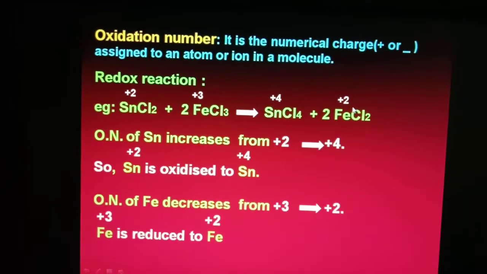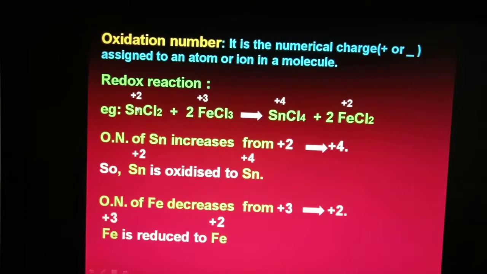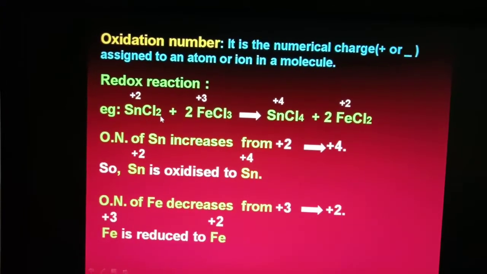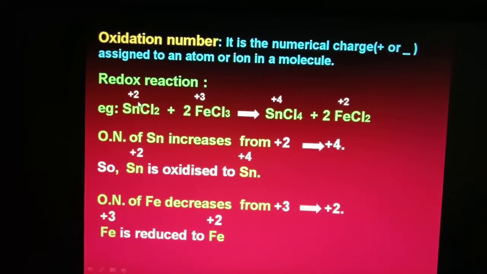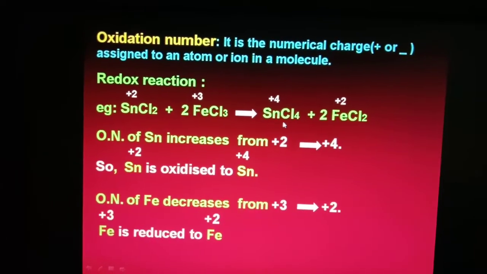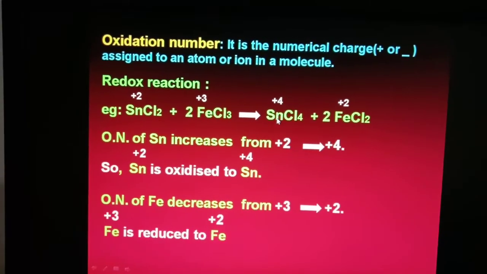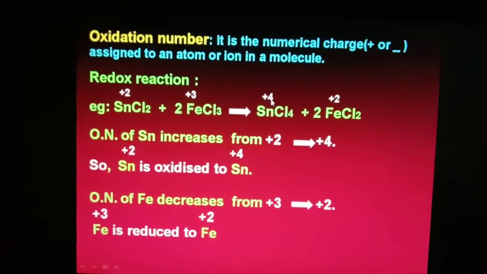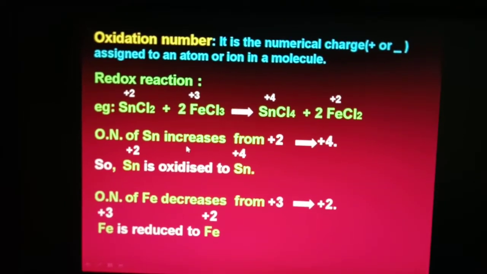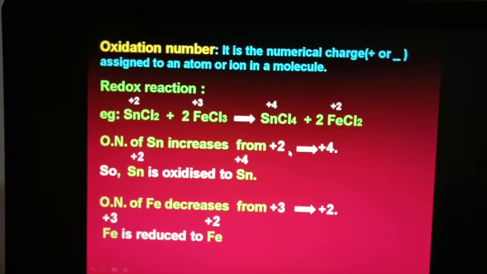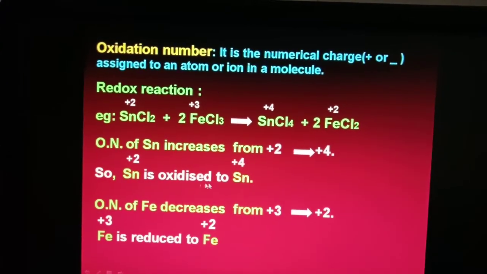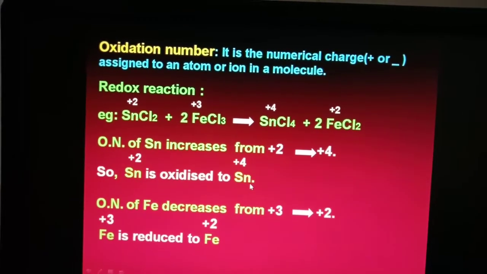In this example, we find oxidation number of tin in SnCl2 is plus 2, which increases upon formation of SnCl4 as Sn plus 4. That means oxidation number of tin has increased from plus 2 to plus 4. So, Sn2+ is oxidized to Sn4+.